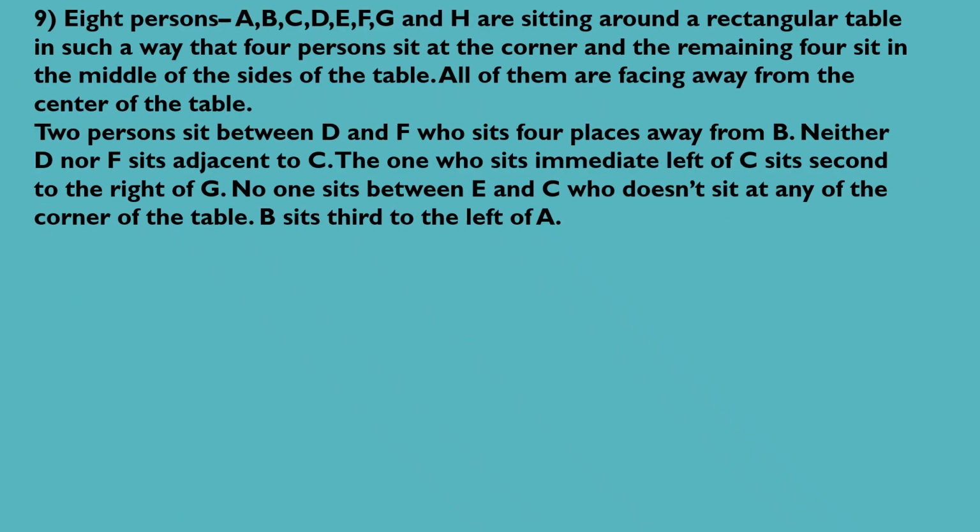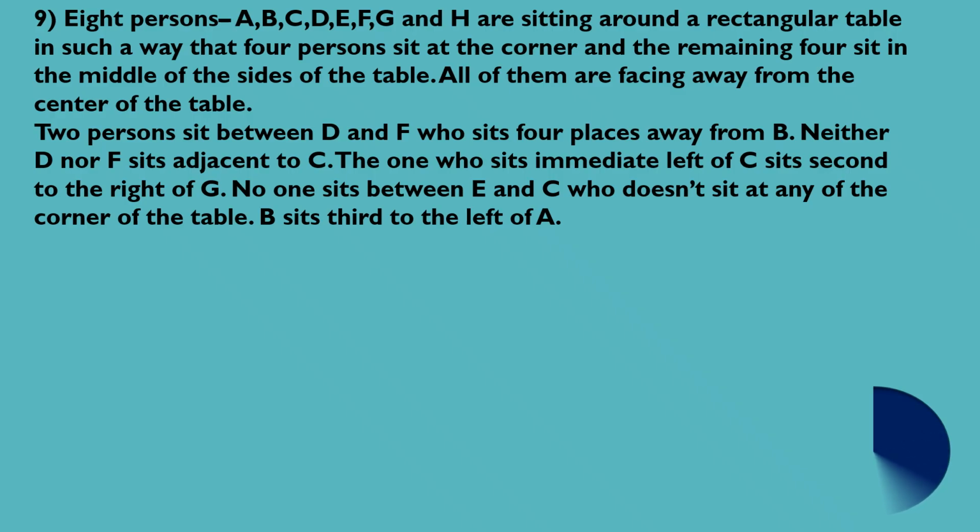Ninth question on your screen and your timer starts now. 8 persons are there. They are sitting around a rectangular table in such a way that 4 persons sit at the corner and the remaining 4 sit in the middle of the sides of the table.